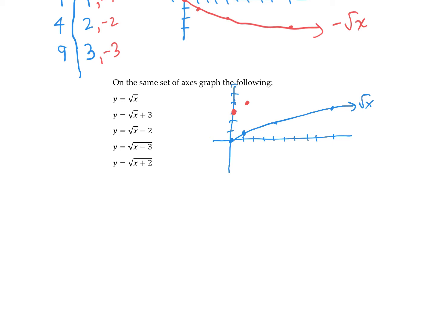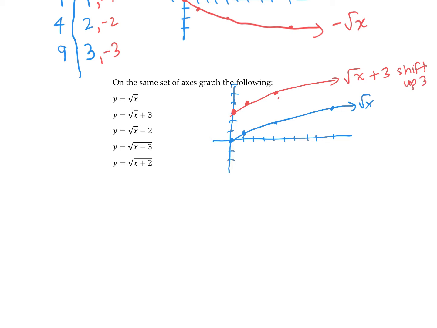So it's going to go over 4 and up 5. And so the graph looks like this. So root x plus 3, it has the same shape, but it has shifted the graph up 3 units.